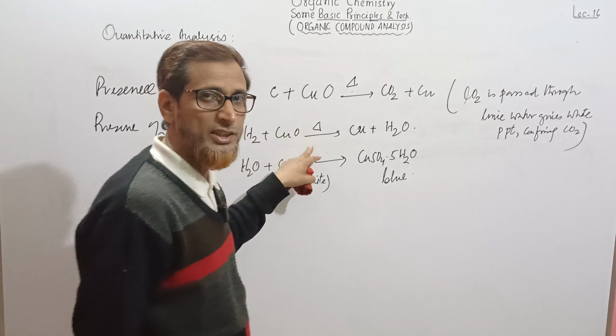And if this water is passed over white anhydrous copper sulfate, which is obtained by heating and drying so that the water escapes out, then white copper sulfate mixed with water again gives hydrated copper sulfate, which is blue. That means water is present, and that water has come from hydrogen. The white copper sulfate turning blue establishes the presence of water and confirms that the compound contains hydrogen.